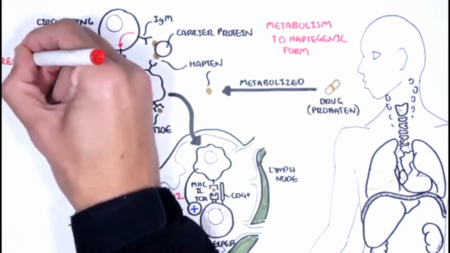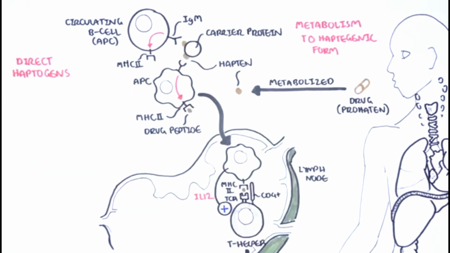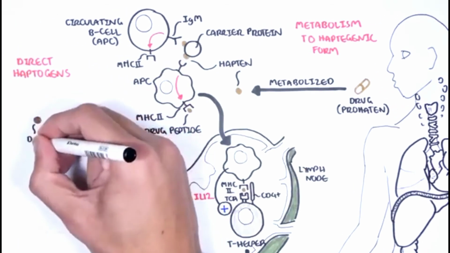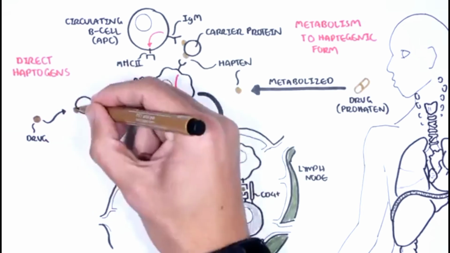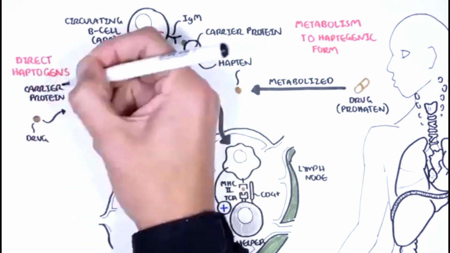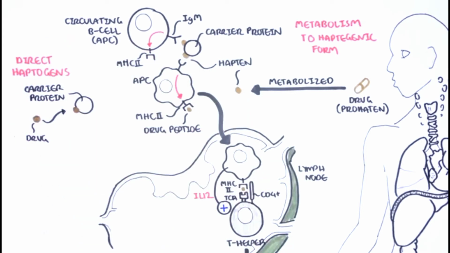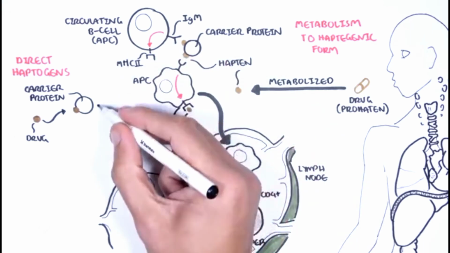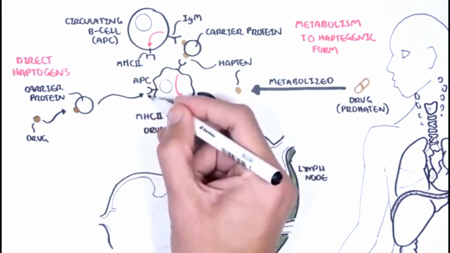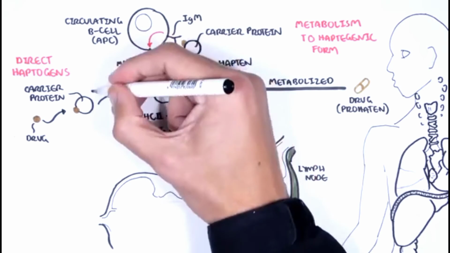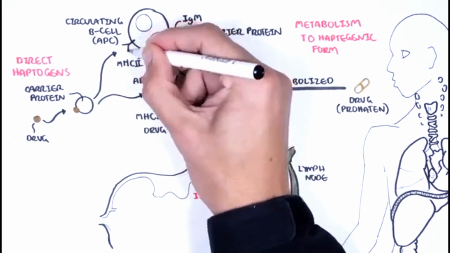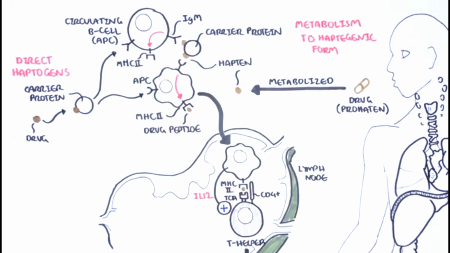There's also another theory called the direct hapten theory, whereby the drug is not metabolized, but is carried by a carrier protein directly. The carrier protein drug complex is identified again by antigen-presenting cells mentioned earlier, such as the circulating B cells, the monocytes, and the macrophages. And this will again trigger the cascade of events we talked about, leading to T helper 1 cell activation.